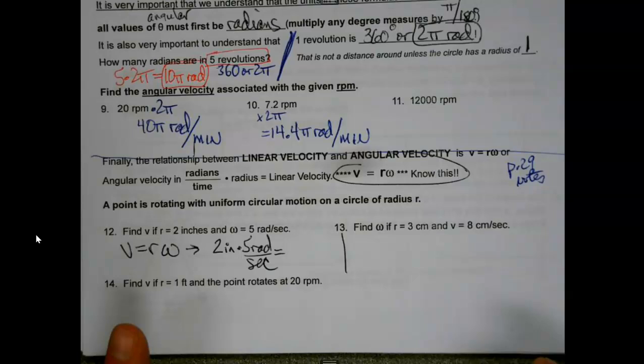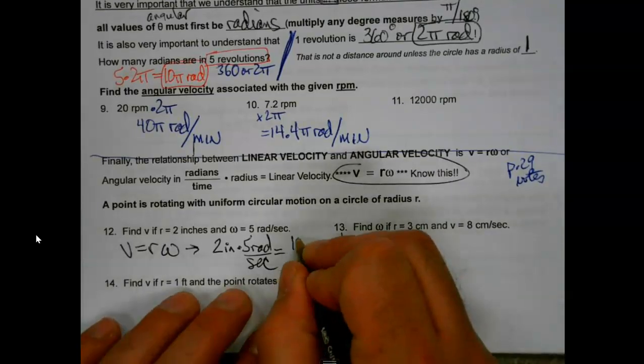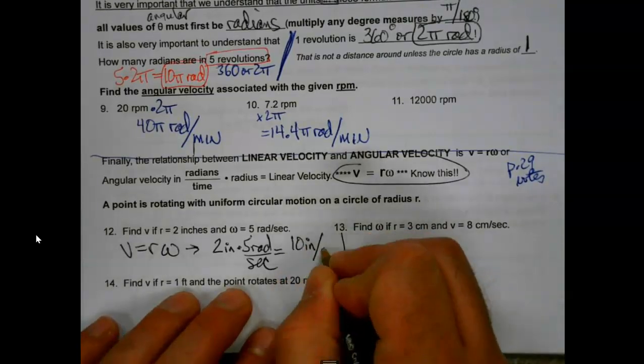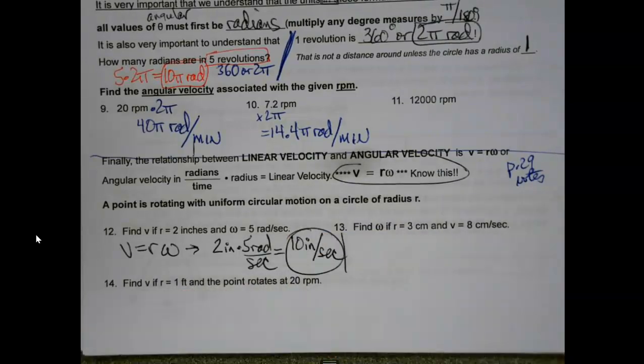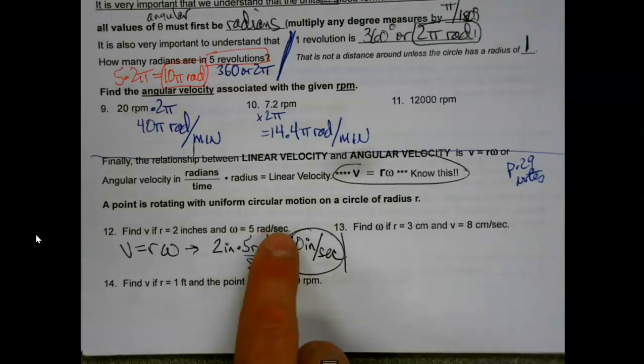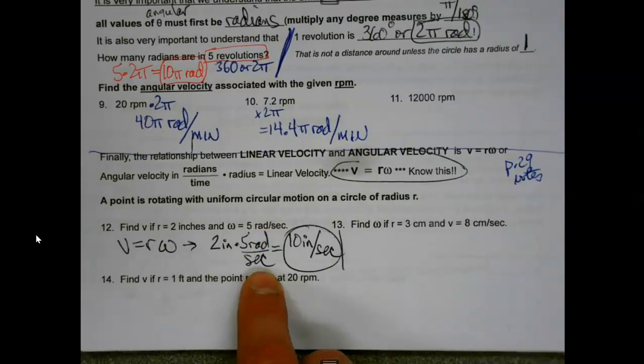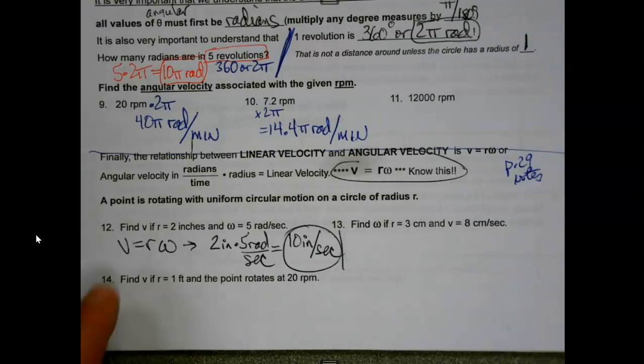This is the only thing that can catch us on this. 10 inches per second. Lose the radians. The only reason we're using this is because we've got that per second that we're using as a label, like feet per second, miles per hour, whatever they are. No radians when we're looking linear.